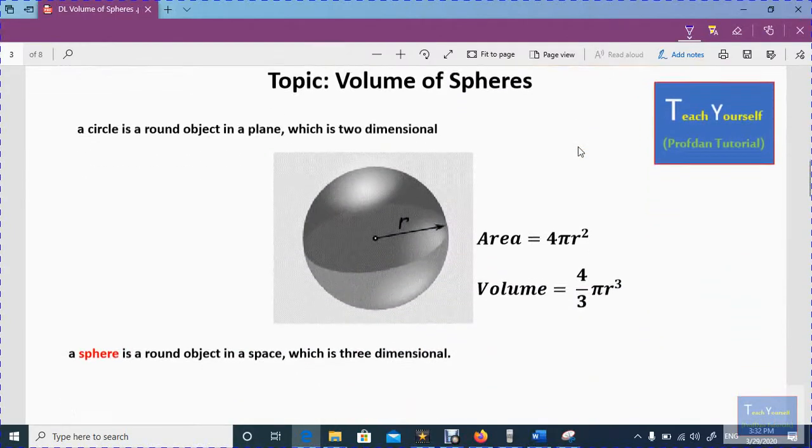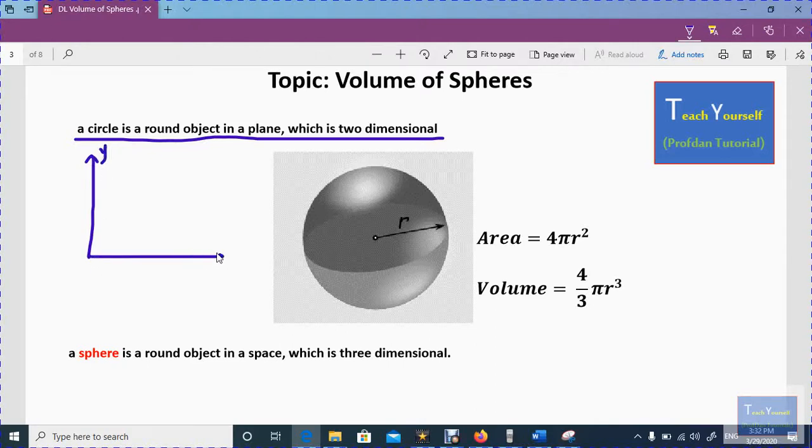A circle is a round object in a plane which is two-dimensional. You are all familiar with a y-axis plane and the x-axis.